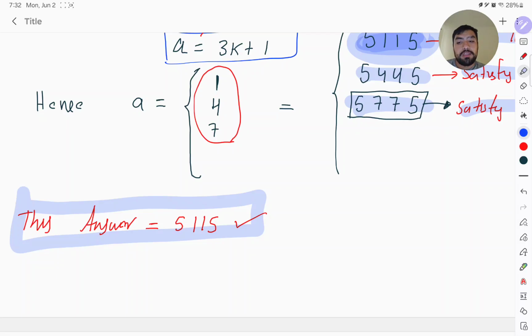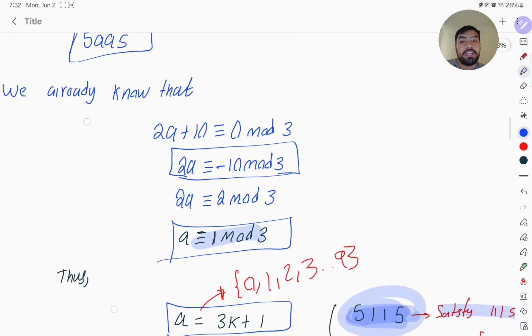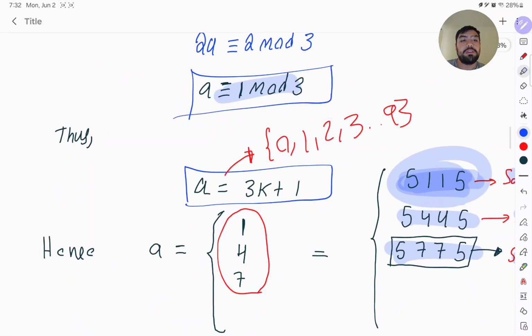But this solution I think is not short enough. So if you have another solution which is a shorter one, feel free to comment it in the comment box below. And that's all guys for this video.